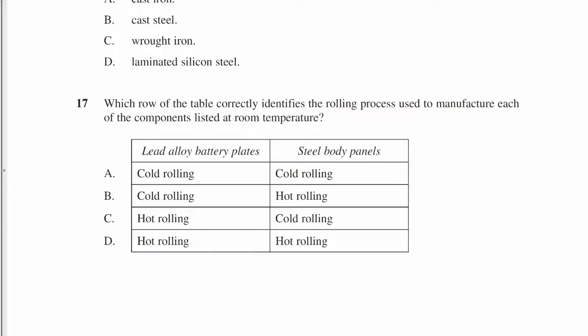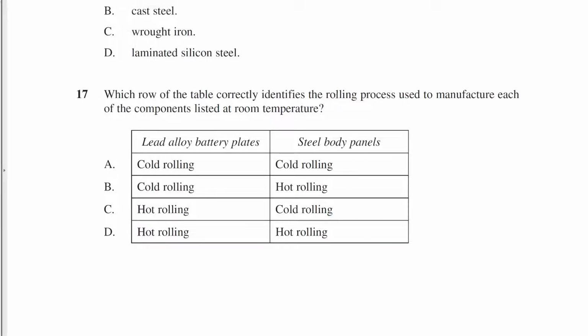Let me just have a quick look. 16, 17. Yeah, half the people were able to take a guess at this one, whereas this one people answer badly. Okay, so what we're looking at here is at room temperature. If we were to conduct the process of rolling without applying any additional heat, well, like at room temperature, so 20 degrees or 25 degrees, if we roll lead at 20 degrees, is that considered to be hot or cold rolling?